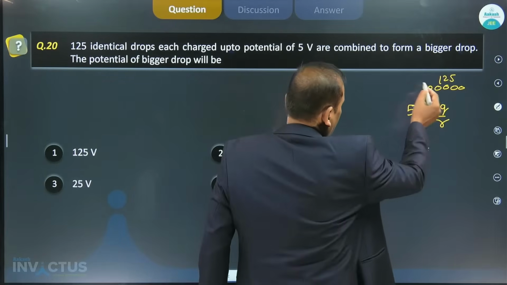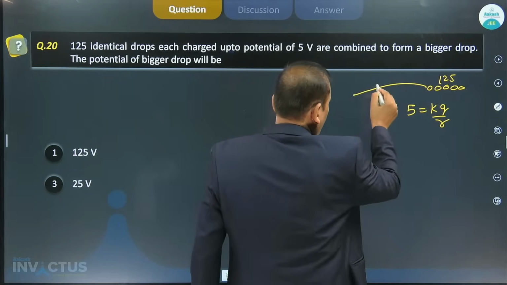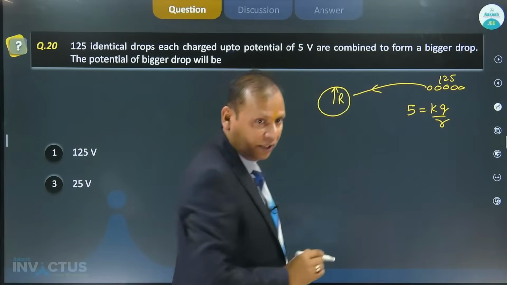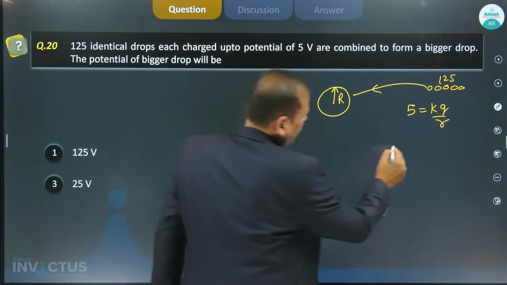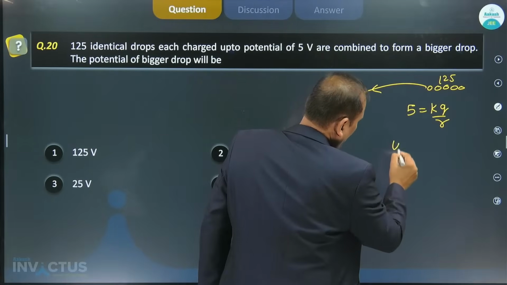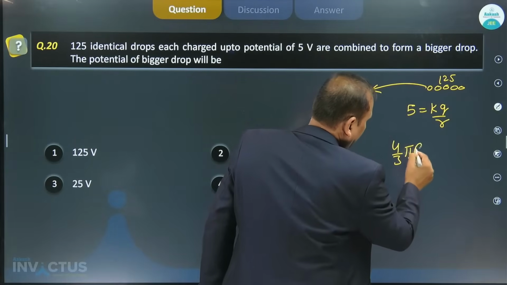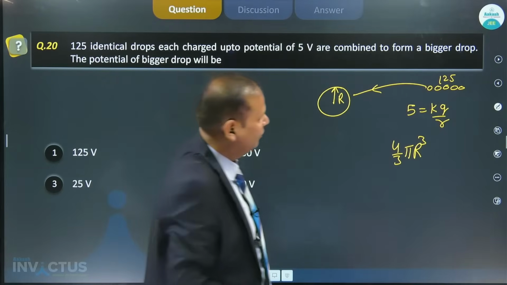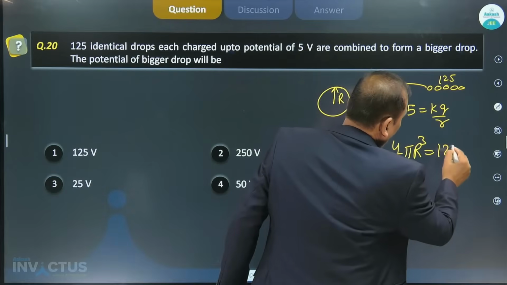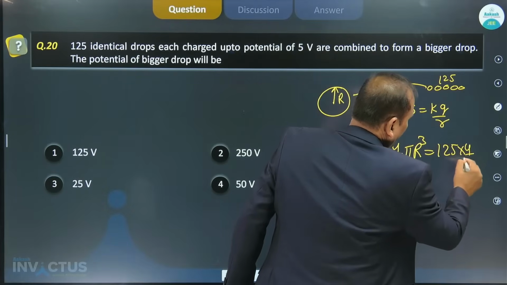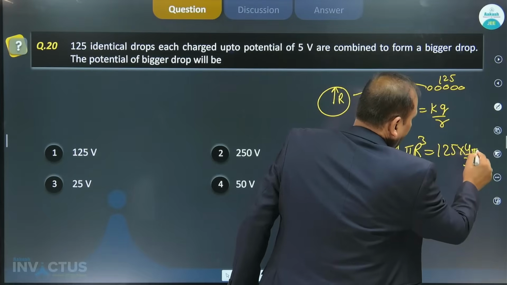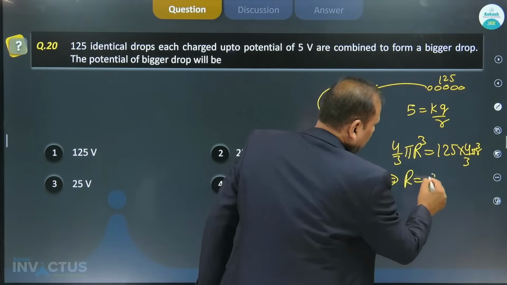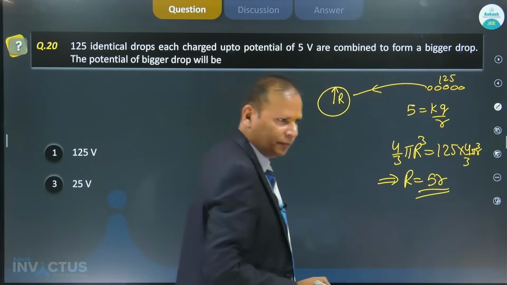So if you merge them to make a single drop, 4 by 3 pi R cube, which is the final volume of this single drop, is equal to 125 into 4 by 3 pi r cube. This will give you R is equal to 5 times smaller.